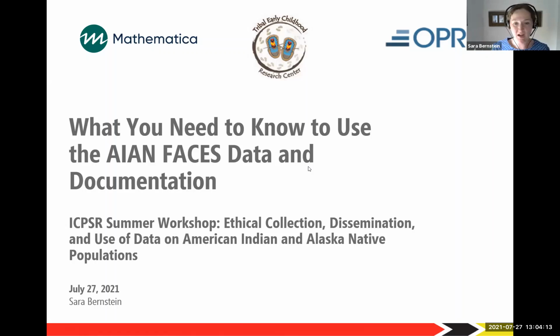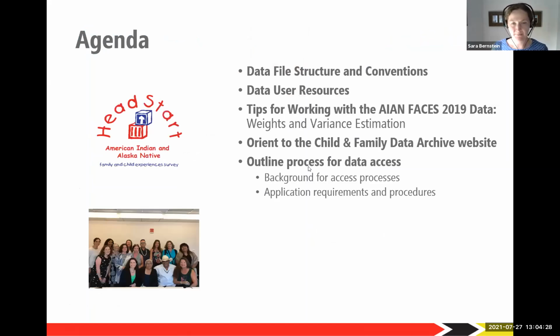But I'm going to talk a bit more specifically about the AIAN FACES data and documentation. And again, pretty much everything I'm about to say would apply for 2015 and 2019. Okay, so again, I have a lot to get through. Just to break it down a little bit, I'm going to talk about the data file structure and our conventions, some additional data user resources, which I know I covered a few this morning, and tips for working with the data.